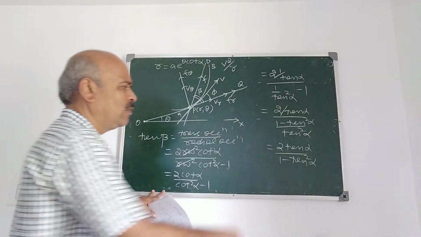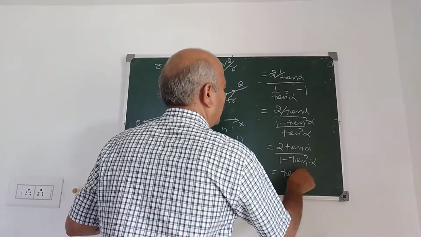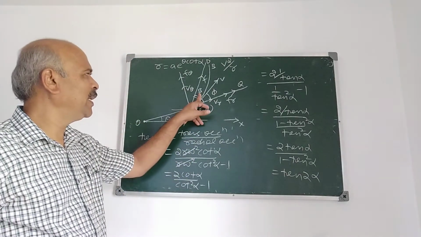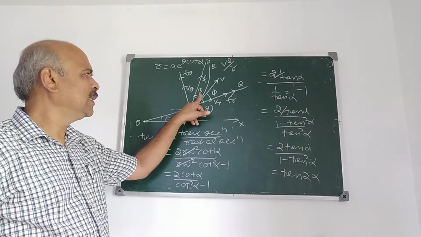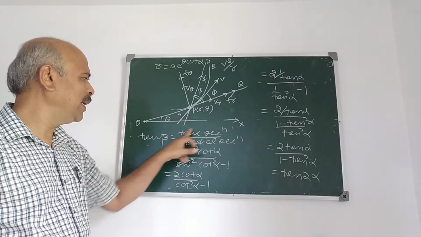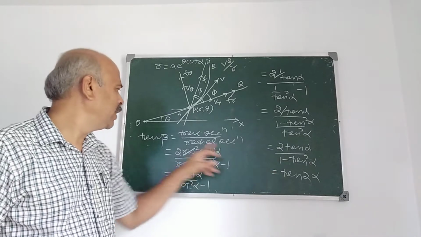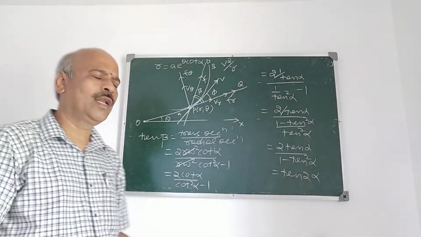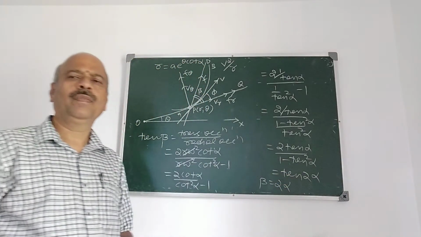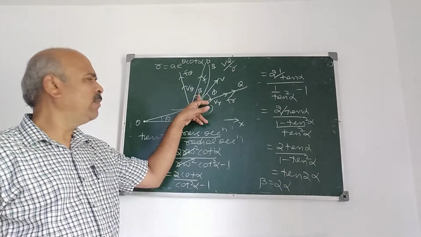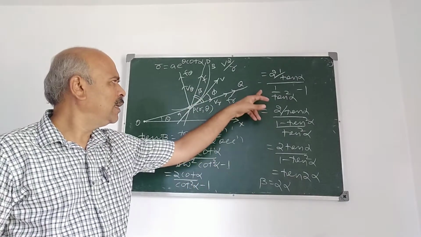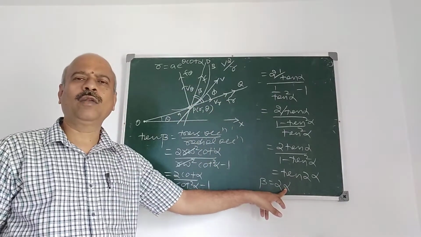What is this? 2 tan alpha by 1 minus tan square alpha is tan 2 alpha. By simplifying we get tan beta is tan 2 alpha. What do you get? Beta is equal to 2 alpha. That means the angle made by the resultant acceleration with the radius vector is 2 alpha.